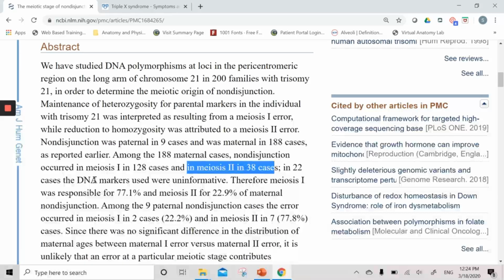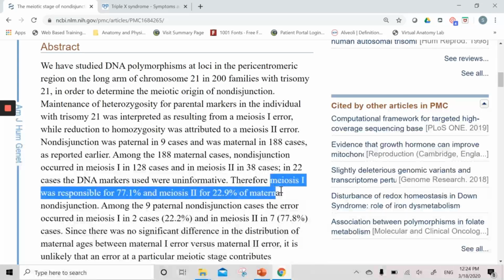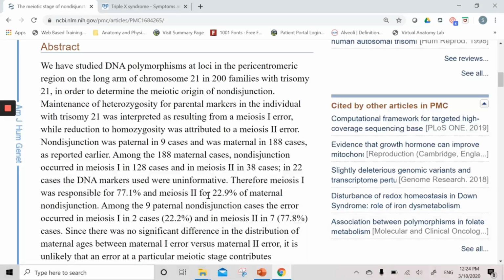This is actually very, very interesting. And they calculate the percentage. So meiosis 1 error was responsible for 77% of the cases. And meiosis 2 account for almost 23% of the cases. But all those cases are maternal cases. The number might be different for paternal cases, but the sample size is really small, right?